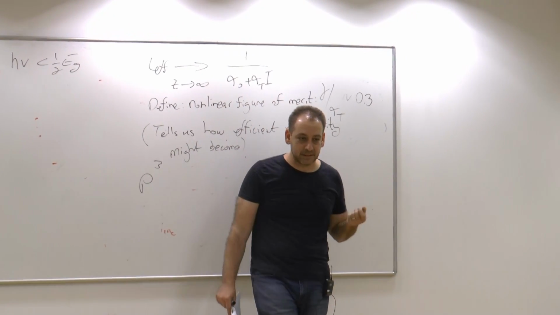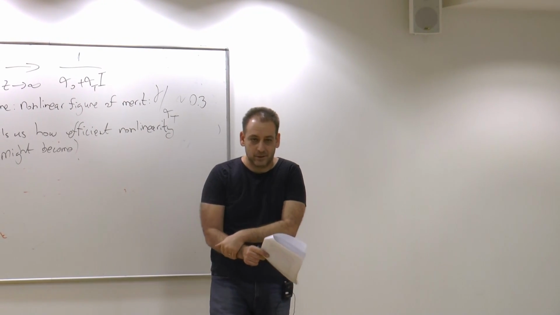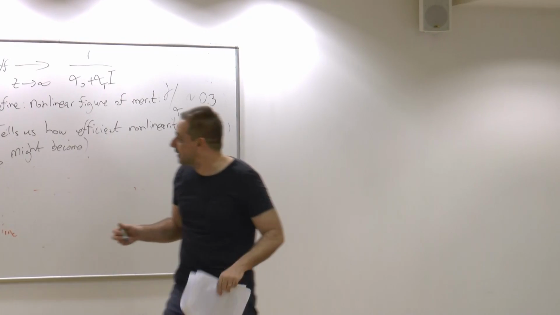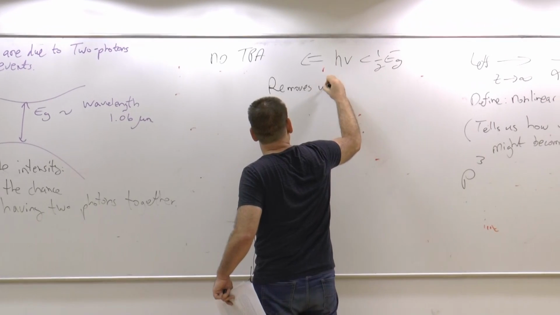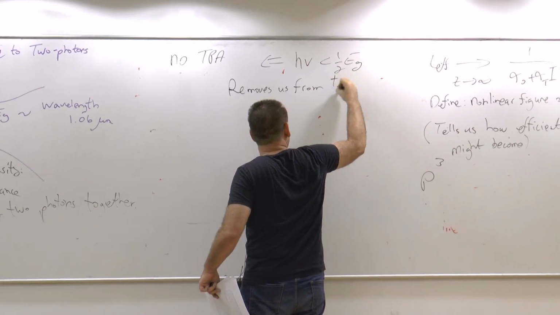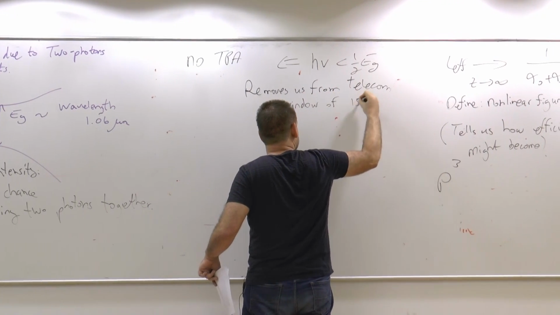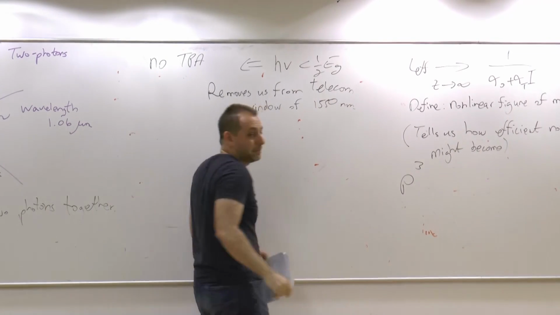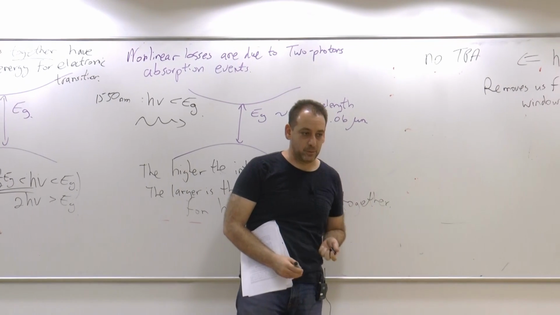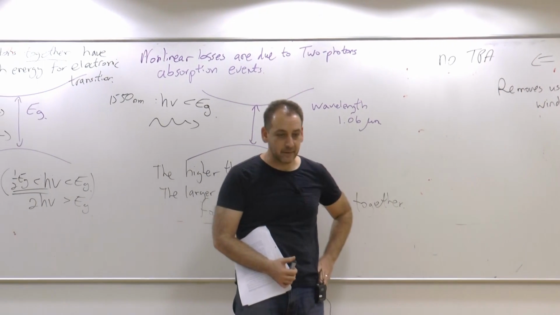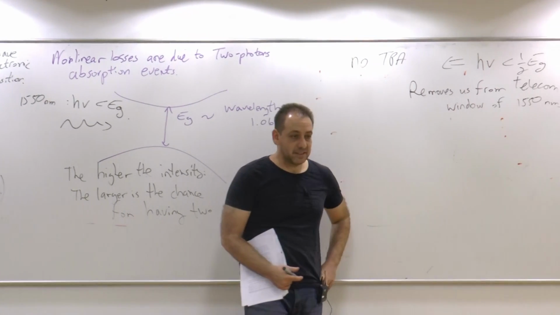So at 1550 it's pretty nasty, but even if we start going to 1700 or 1800 nanometers, you start getting some kind of a break, but it still removes us from the telecom window of 1550 nanometers. And a big part of the appeal in silicon photonics is to work at that wavelength range, and here we run into trouble with nonlinear behaviors. What else can we do?